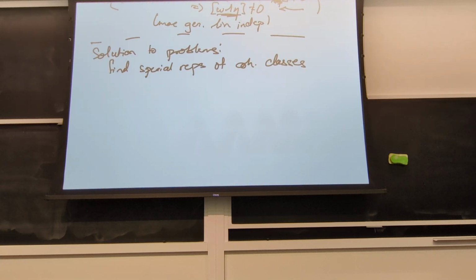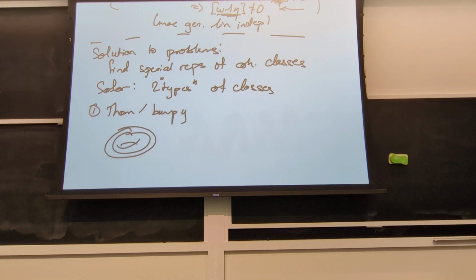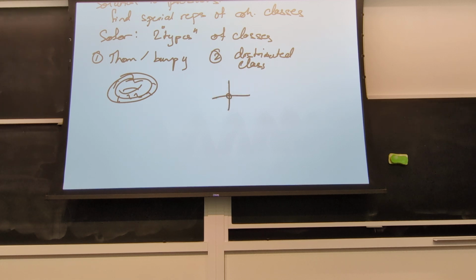Cool, so what will these special representatives look like? So far, we've seen two types of classes. The first is Thom or bump classes, my favorite guys, things which are concentrated near some submanifold. And the second is a more distributed class. We saw some examples in the first week coming from electromagnetism, things which are uniformly spread out.